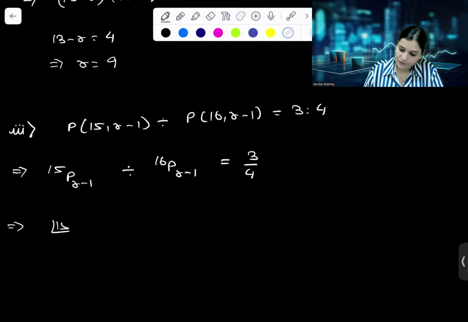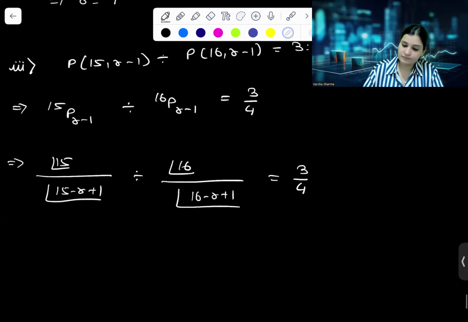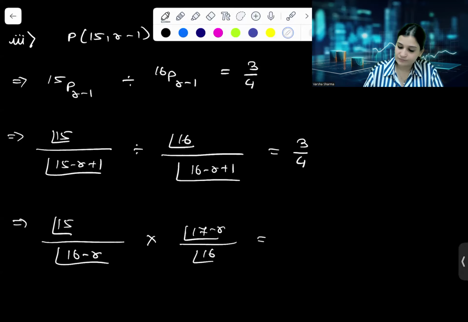This is 15 factorial over 15 minus r plus 1, divided by 16 factorial over 16 minus r plus 1. So 15 factorial, 16 minus r factorial, 17 minus r, 16 factorial.